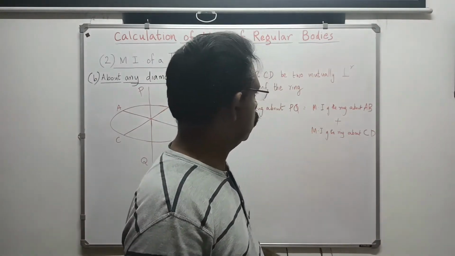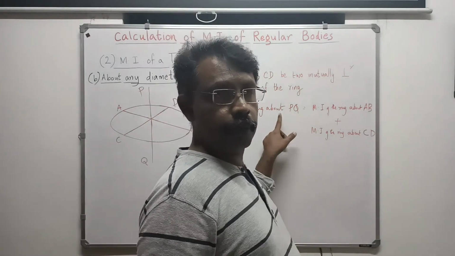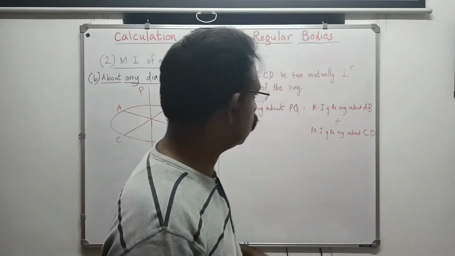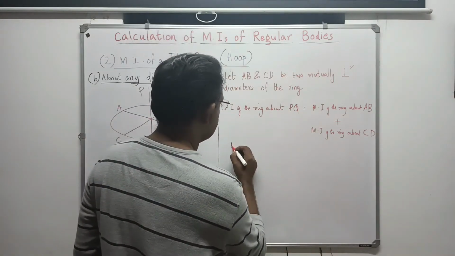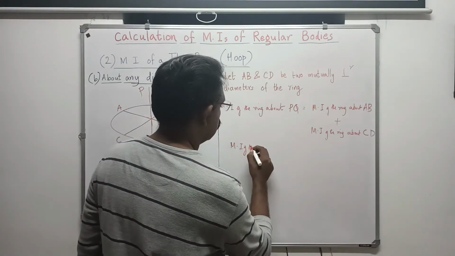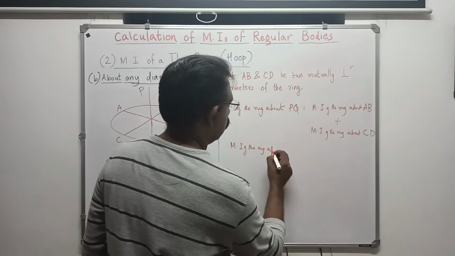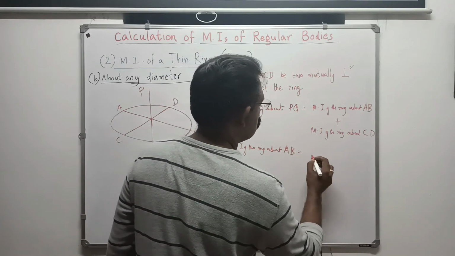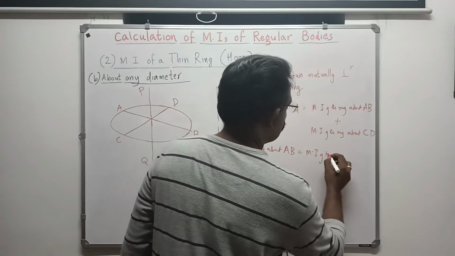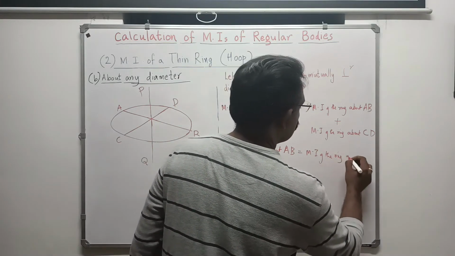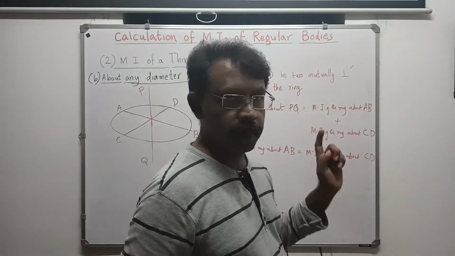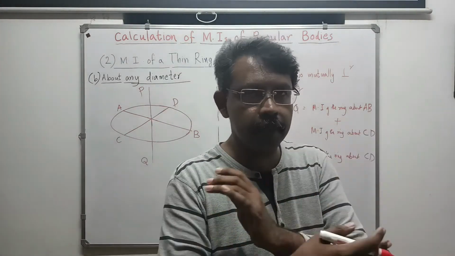Now this we have already found out as MR squared, and also we can note that MI of the ring about AB is equal to MI of the ring about CD. These are the same because they are two mutually perpendicular diameters.